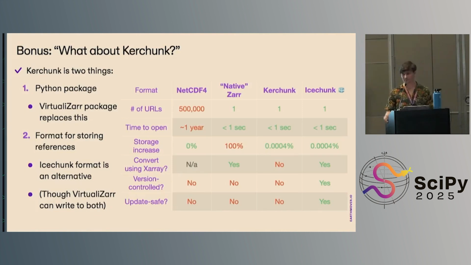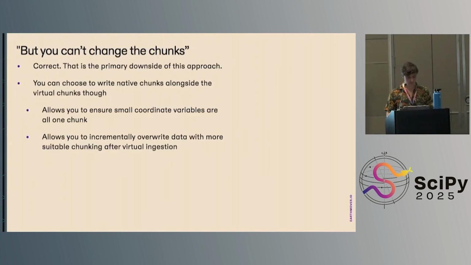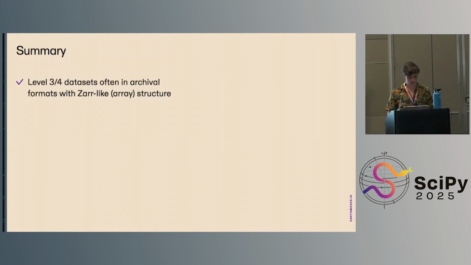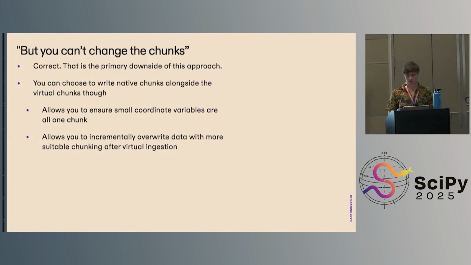And then from Eberto, besides the conversion effort itself, what are some heuristics to decide between creating a virtual Zarr dataset or converting to Zarr directly? Yeah, very good question. The main downside of this whole approach is that you cannot change the chunks.